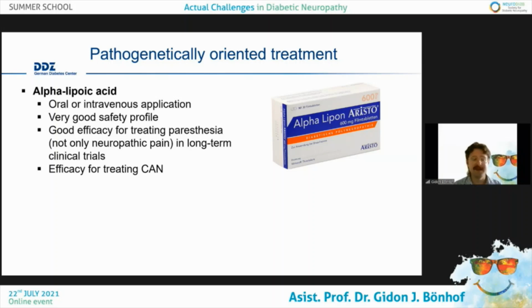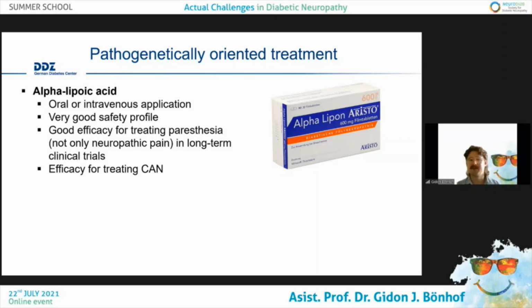It can be applied orally by taking pills, or you can also apply it intravenously. It has a very good safety profile, and it has shown a good efficacy for treating not only neuropathic pain, but also for treating paresthesia like tingling or numbness.